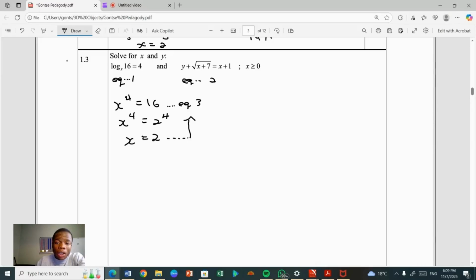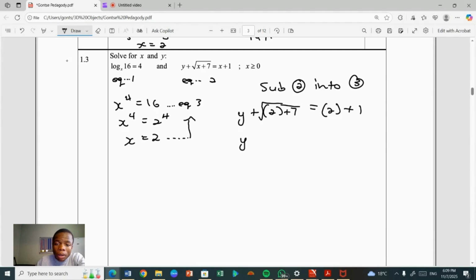Then from here, you substitute 2 into equation 3. Then you'll have y plus square root of 2 plus 7, is equal to 2 plus 1. So here you have y plus or minus square root of 9 is equal to 3.